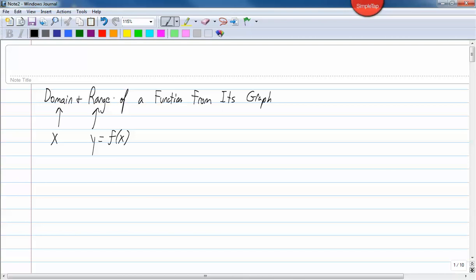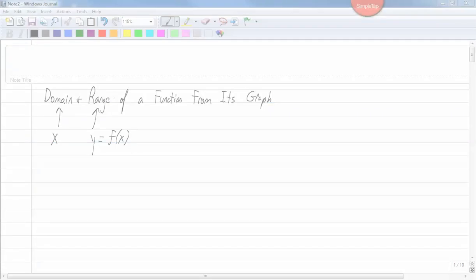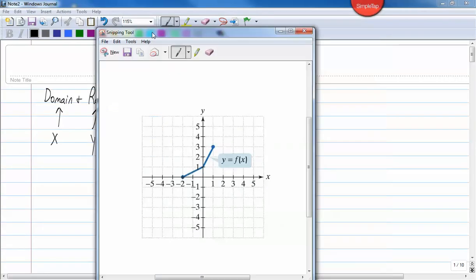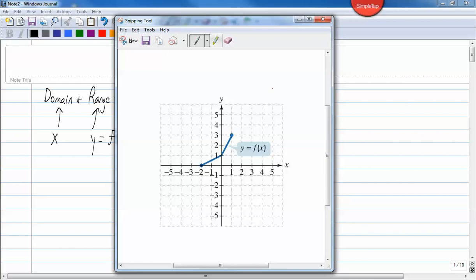Alright, so let's say that we had this graph here. We can figure out the range and the domain of the graph, or of the function, by just looking at the graph.